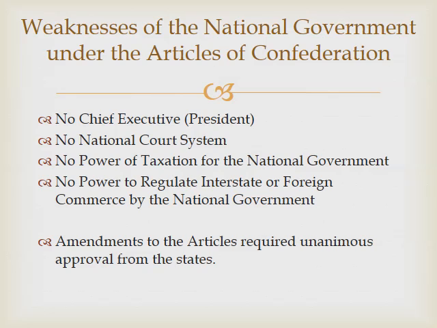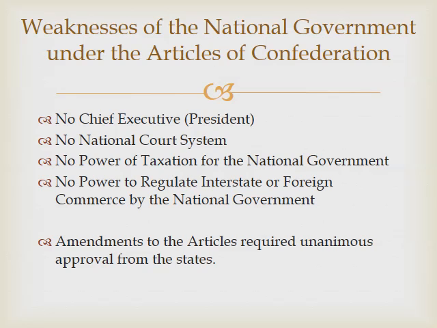So the national government was supposed to fight wars without the ability to raise money. There was no power to regulate interstate or foreign commerce. So tariffs and custom duties also were done state by state, so no consistency in commerce either.